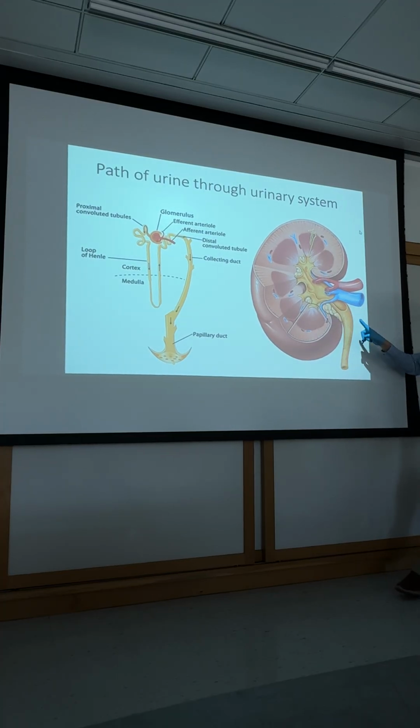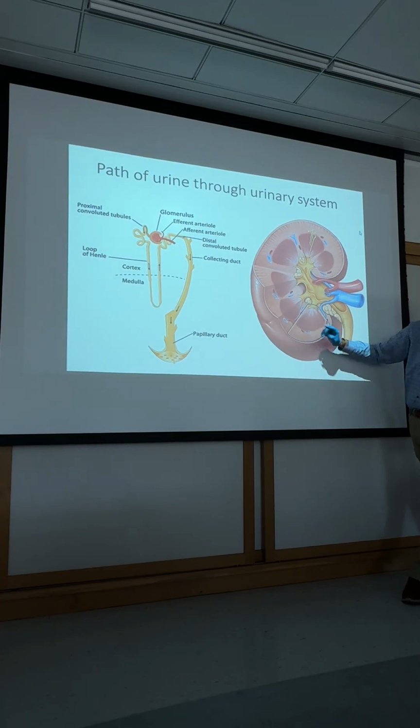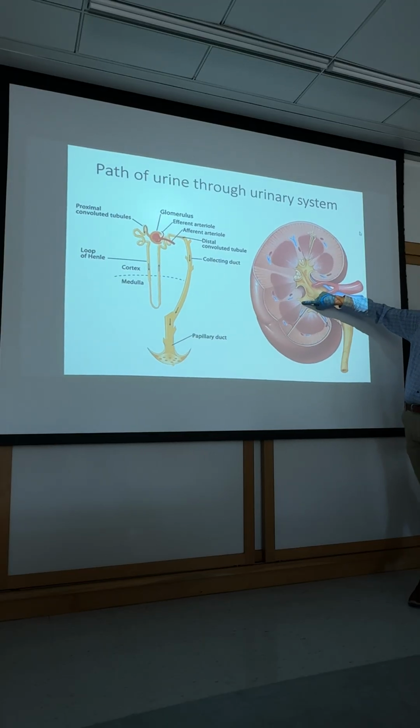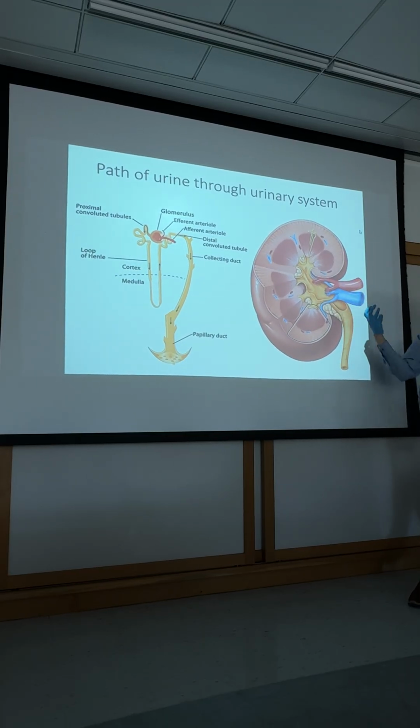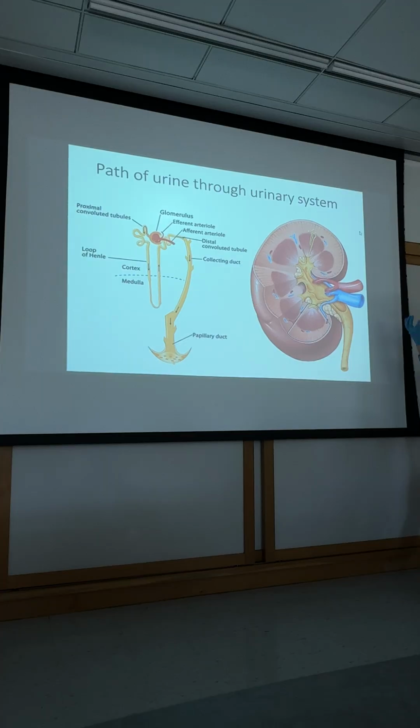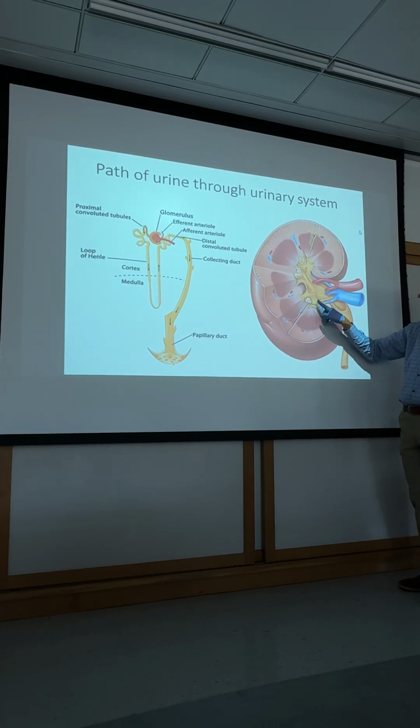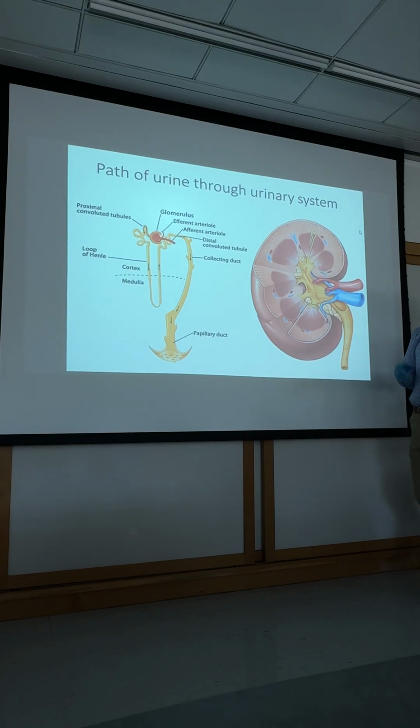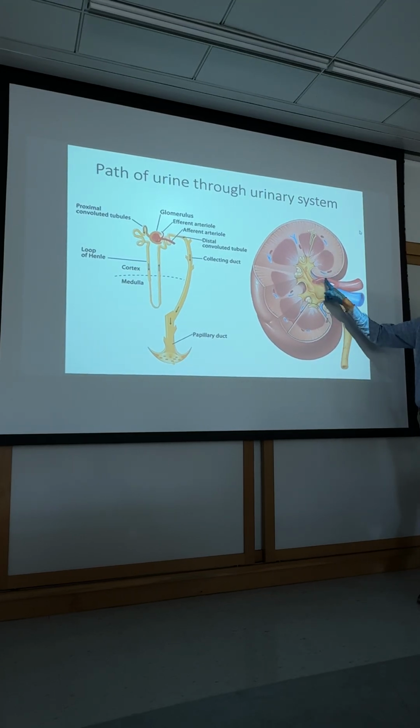To switch over to this diagram, each one of these things is a pyramid, and the tip of it is the papilla. The urine drips out of the papilla and gets caught by a minor calyx. Each one of these things you see here is a minor calyx. Sometimes the minor calyces dump right into the renal pelvis, like these do.